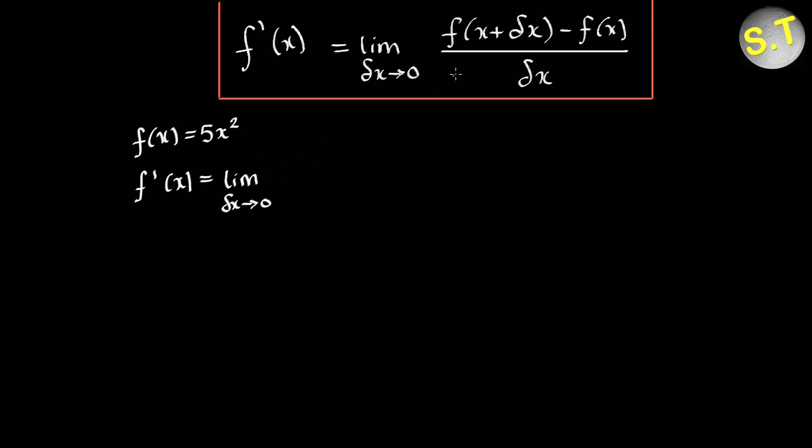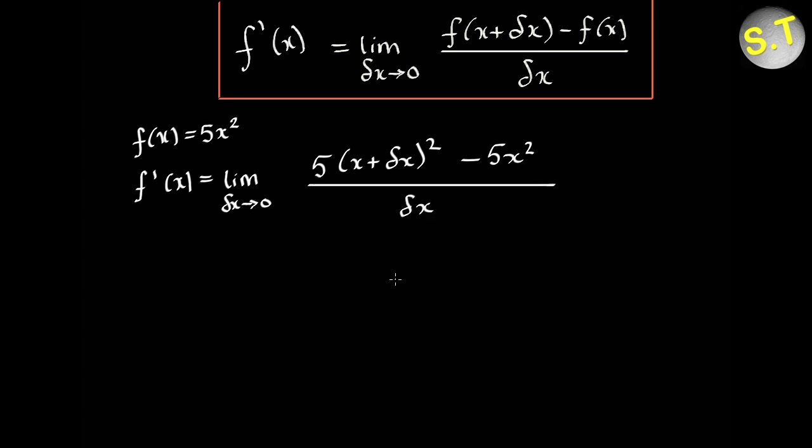And now everywhere we see x, we replace it with x plus delta x. So we have 5 times x plus delta x squared. Subtract the original function, and as always, divide by the small change in x.